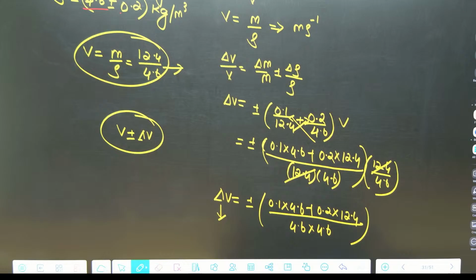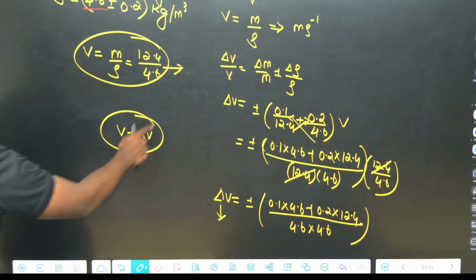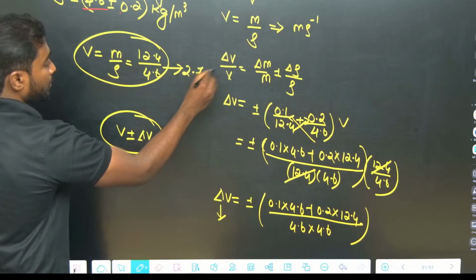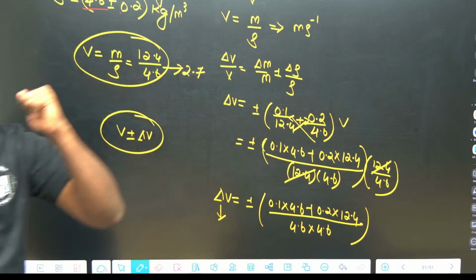So approximately 2.7. So what about this one? How much is it? 2.7. Okay. What about this one? Give the answer for this one. First we'll see.